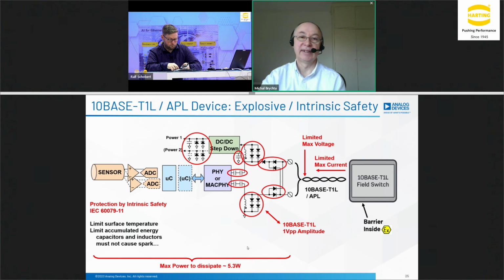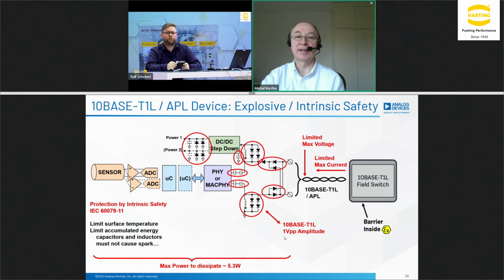So if we take half a watt, it's half a watt working. It can be up to 5 watts in case the intrinsically safe barrier in the switch has failed. So there are lots and lots of design challenges, and we can assure you we understand the challenges. One of the things is the 1 volt peak to peak amplitude, which is one of the 10BASE-T1L recognized standard amplitudes.